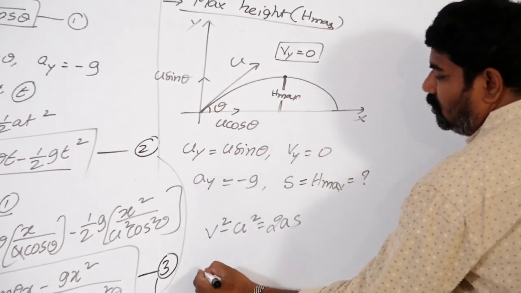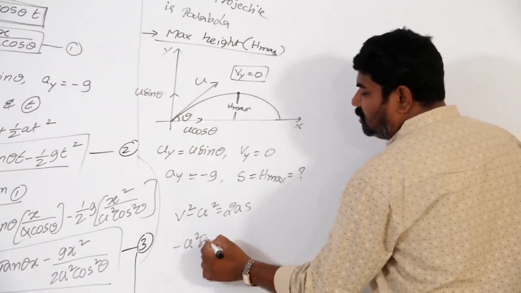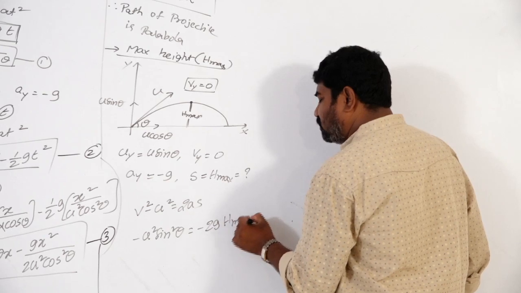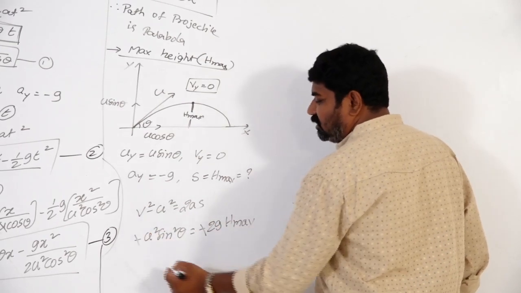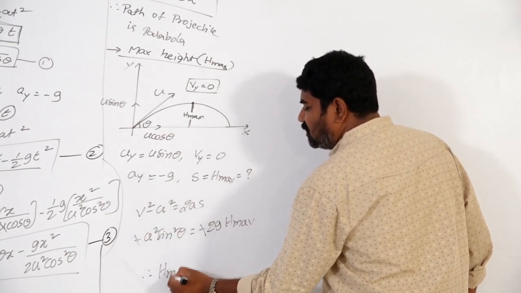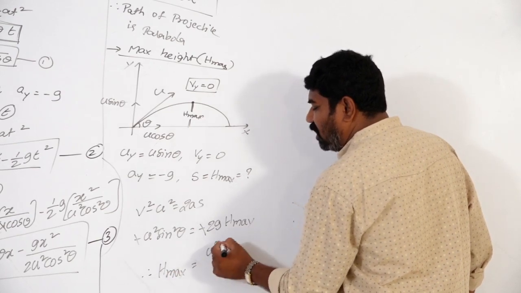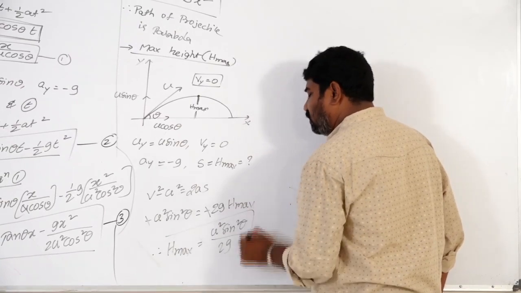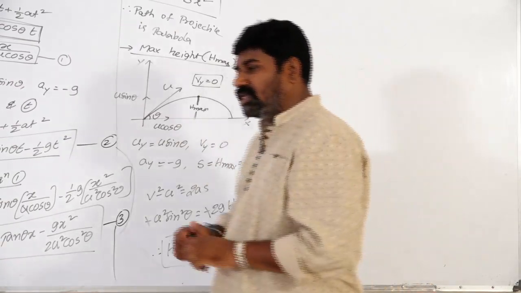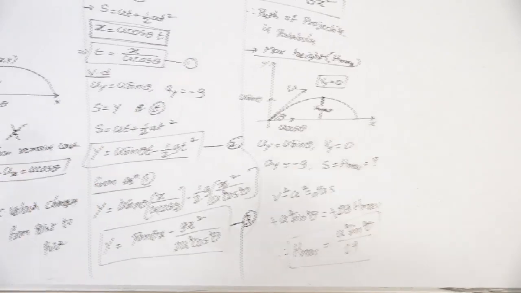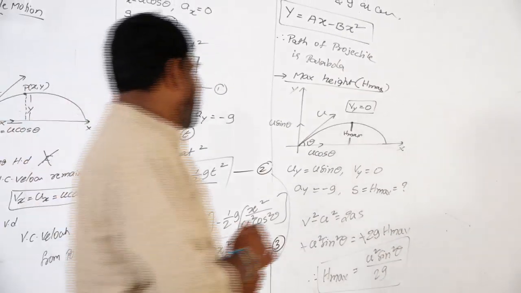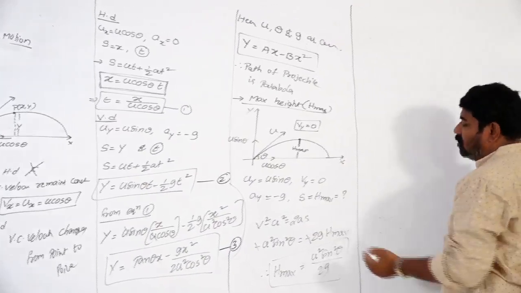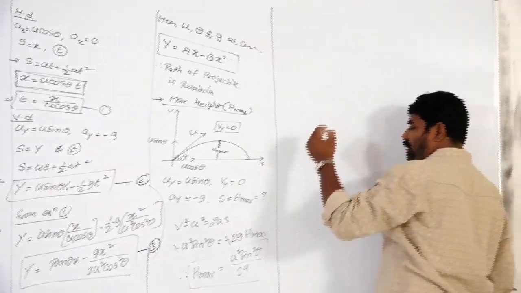Final velocity 0: 0 − u² sin² θ = −2g h max. Minus minus cancel. Therefore, maximum height h max = u² sin² θ / 2g. That is the maximum height formula.